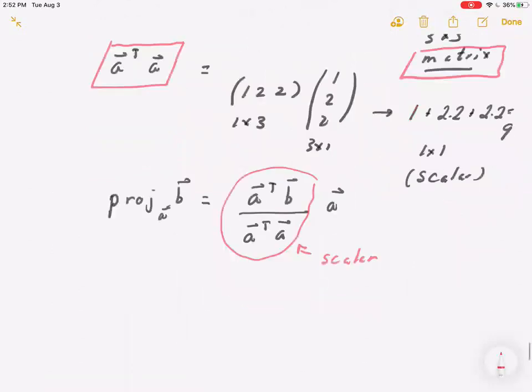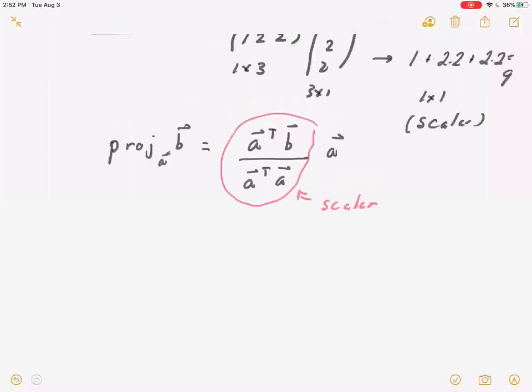It's a number. Now, that's also equivalent to writing the expression this way. Same expression, I just have rewritten it.